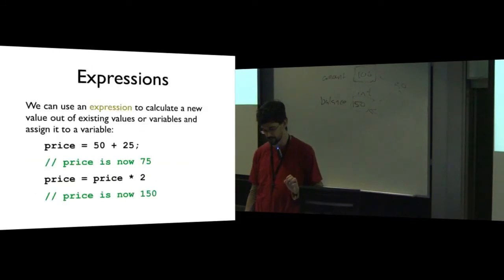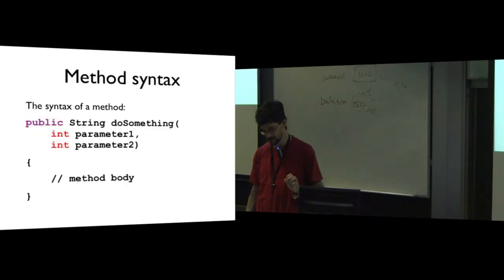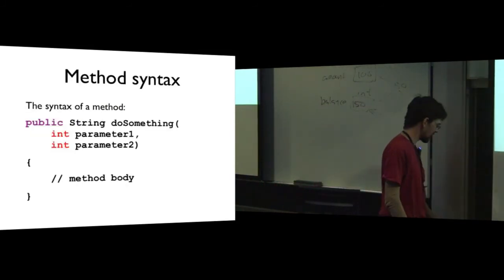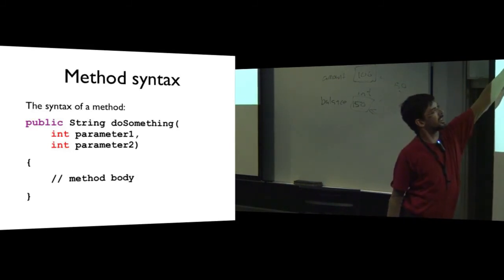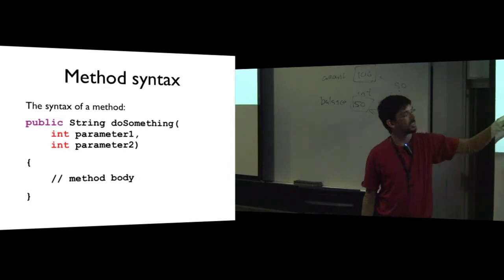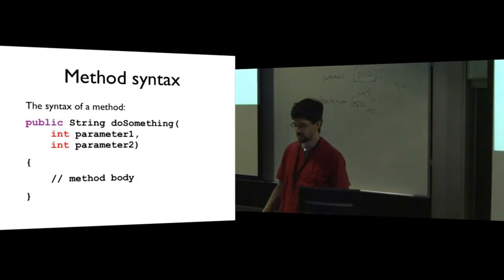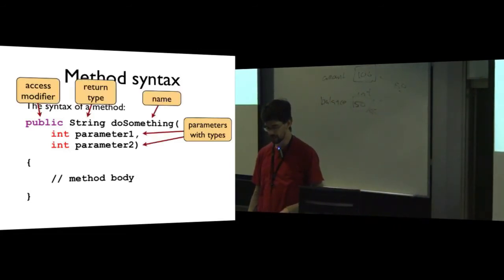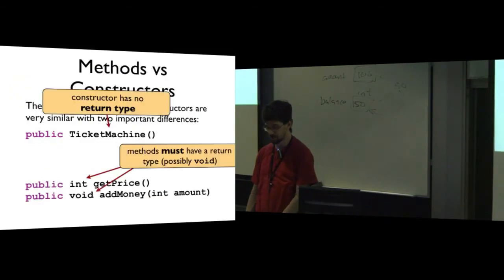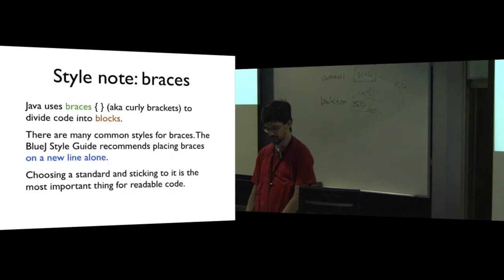So if you look at all the examples I've done with a block somewhere, I've always put the new set of braces on a new line alone and the finishing brace on a new line alone. This is the style that BlueJ recommends. There are lots of different ways of doing that. That's not my favoured style, but I'm going to go with it.